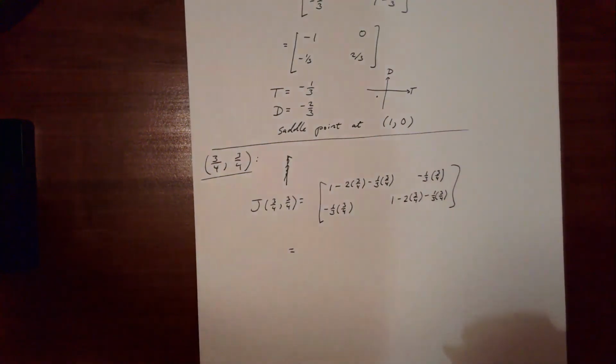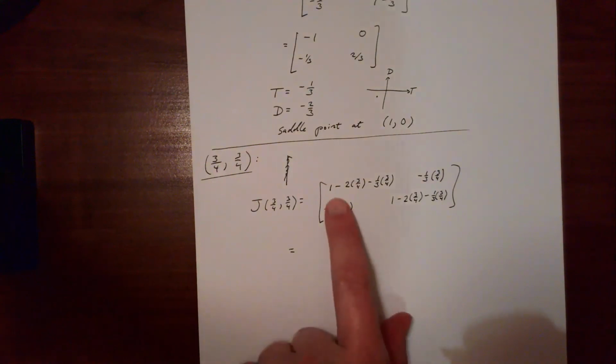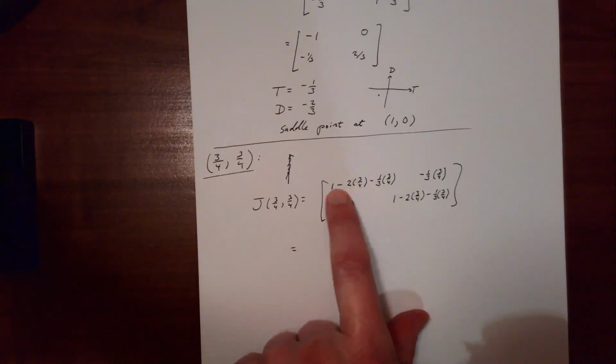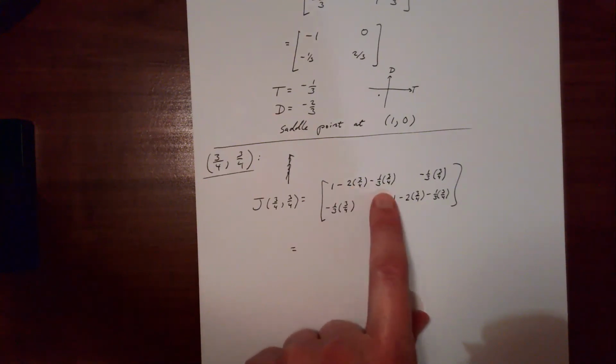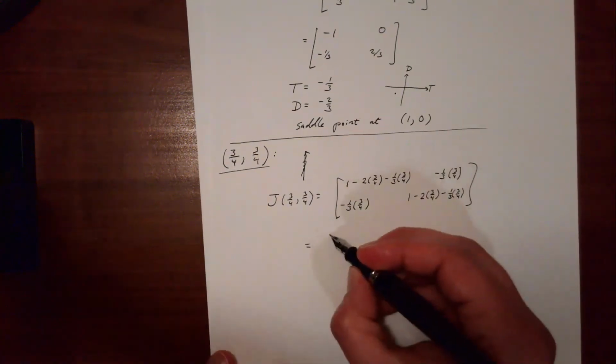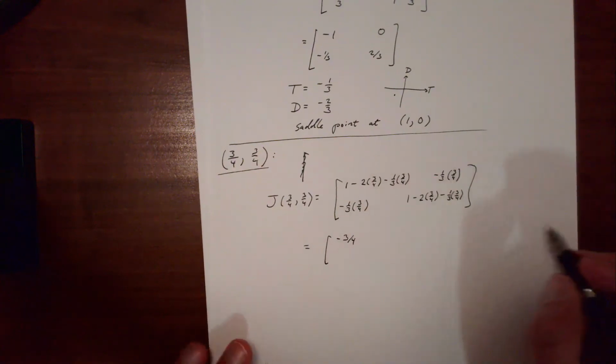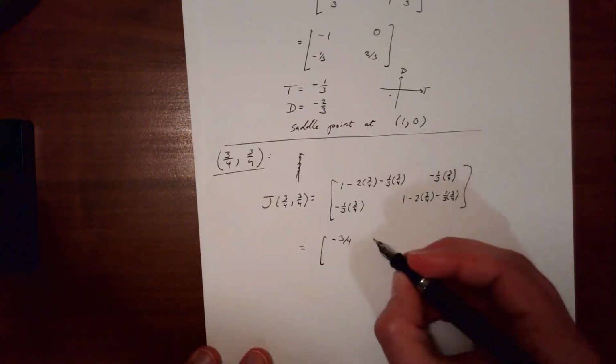Now let's actually calculate this. So this is 1 minus 6/4, or in other words, 1.5. So it's negative 1/2 minus 1/4, so that'd be negative 3/4. Over here, we're going to have negative 1/4.